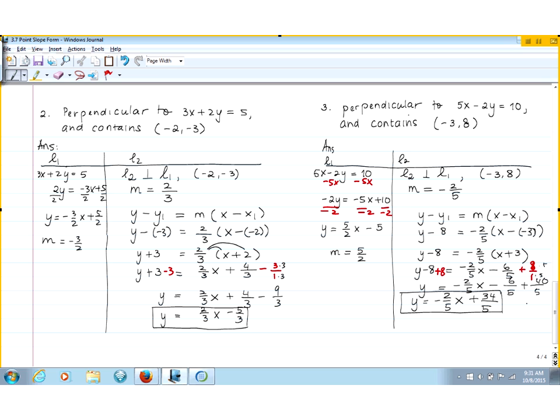Yes, James? Oh, this one? When you distribute, this is negative 2 times 3. That's negative 6 over 5. Yes. Oh, so you put plus 6 over 5. So then you'll have 46 over 5. Oh, okay.